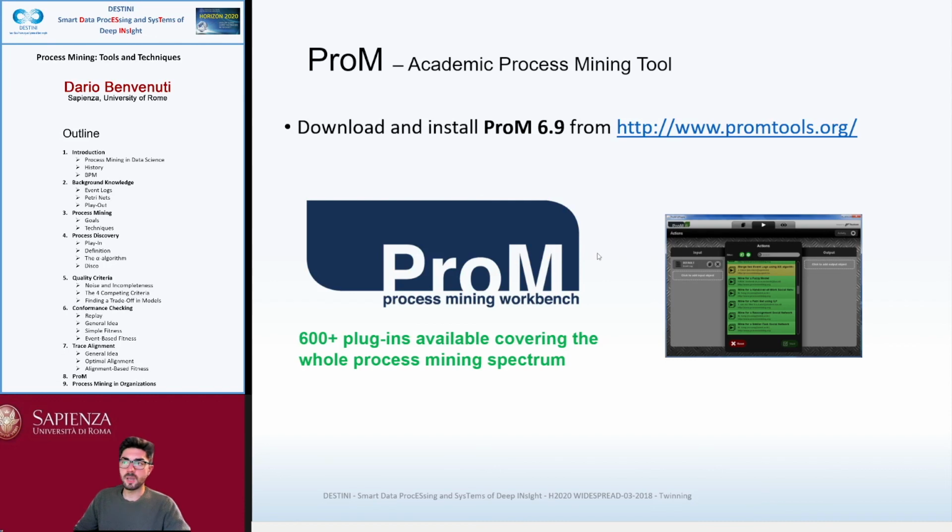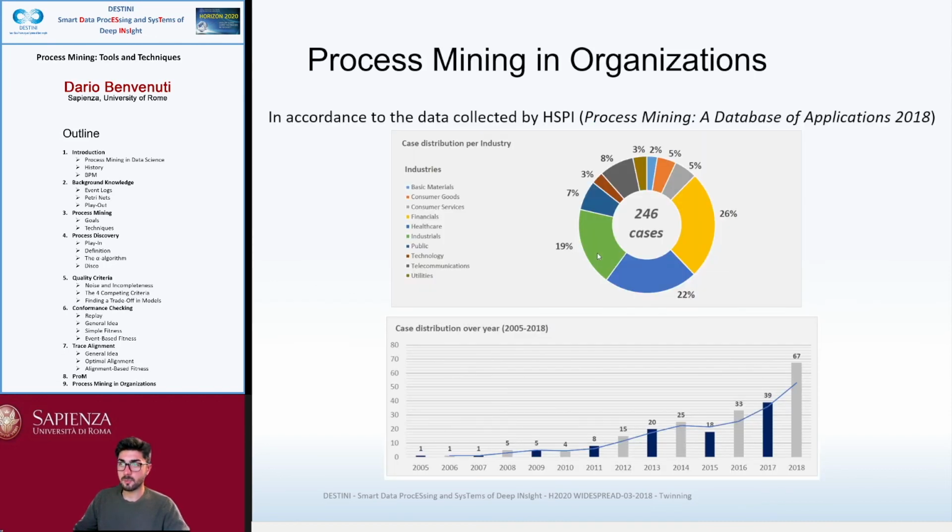And here we are back with some quick final words. As we said at the beginning, industries and organizations start to adapt their workflow to include process mining and to actively use it to enhance their processes.